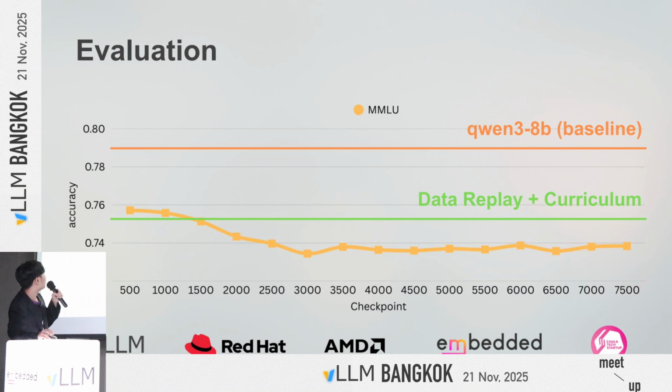As you can see in the yellow line, from checkpoint 500 to checkpoint 10,000, it tends to lose and lose again. And as you can see, data replay plus curriculum has less catastrophic forgetting than using only data replay and shuffle.